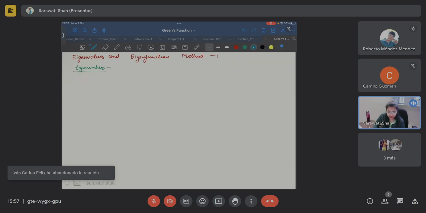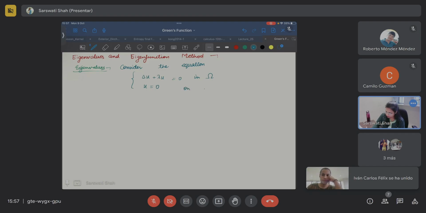So consider the equation in the domain omega, and u equals 0 on the boundary of the domain.